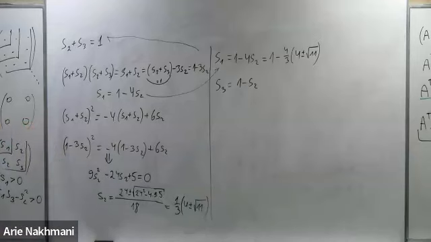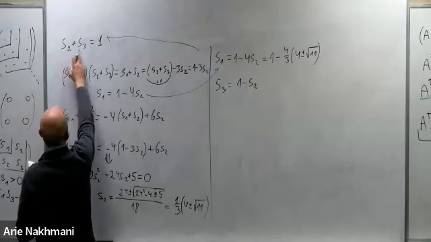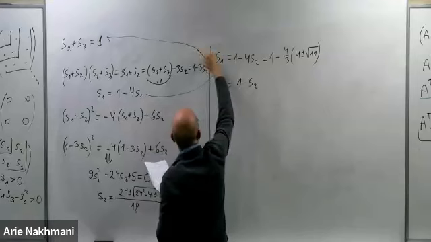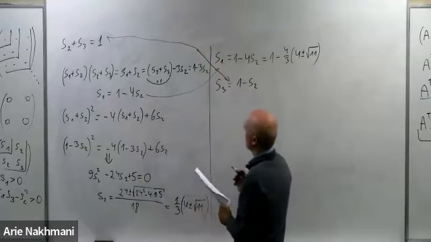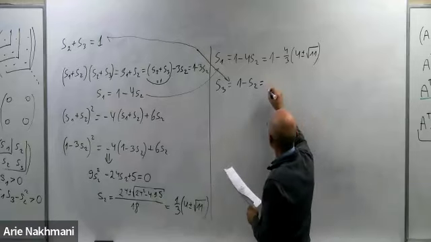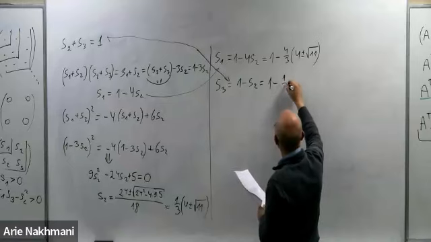This is that part. Okay. So this is coming from here. That's correct. Right? And this will be 1 minus S2, which is that thing.